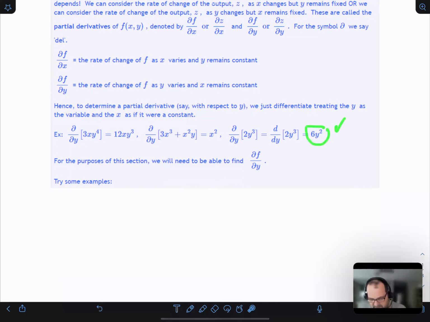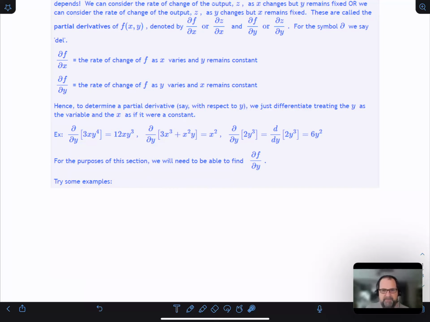So that is a particularly easy case, but again, not always the case here. And again, what we are interested in for this section is being able to find del f, del y, as we shall see with this theorem. First, here's a couple of little examples for trying to find some simpler partial derivatives with respect to y. So give that a go. And then there's a second example to try as well.